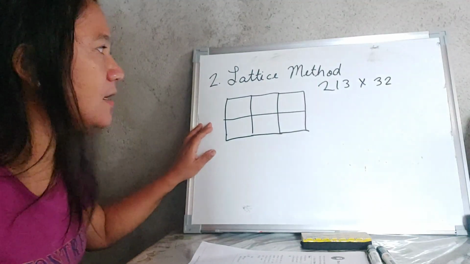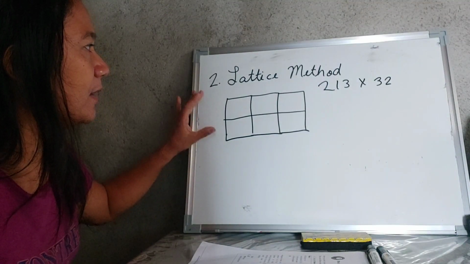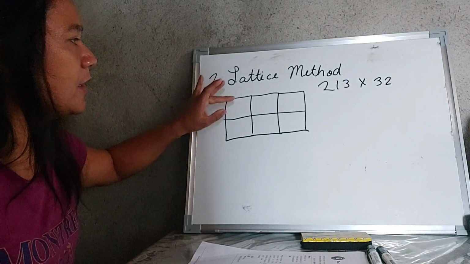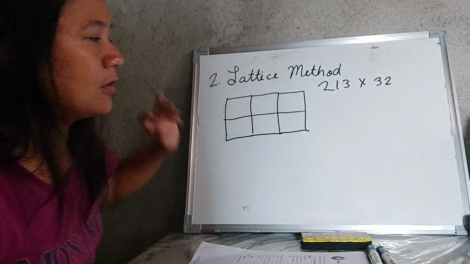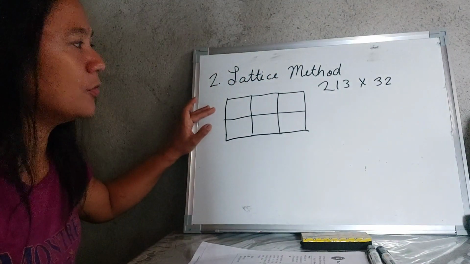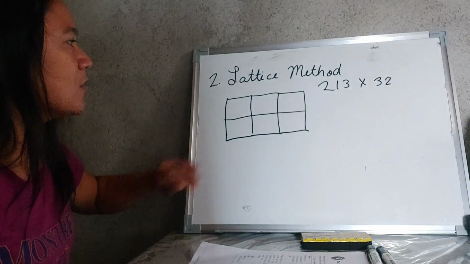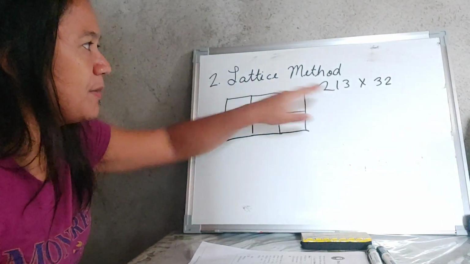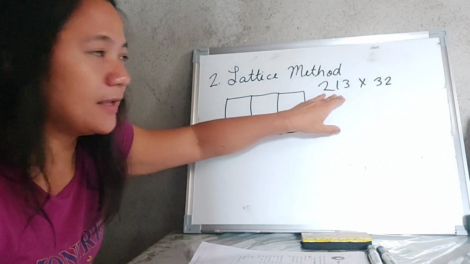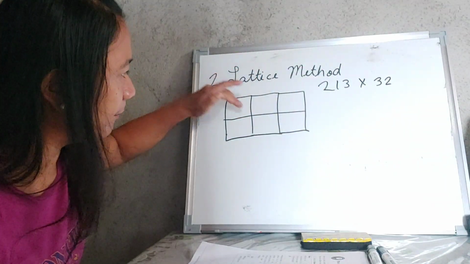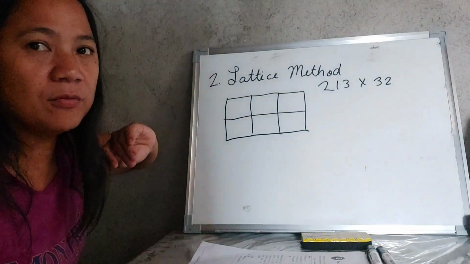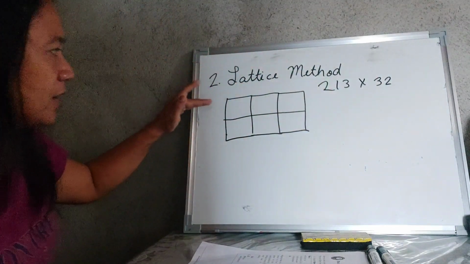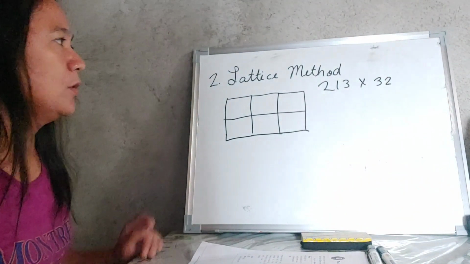As you can see, the lattice table that I drew has 3 columns, 1, 2, 3 columns, and it has 2 rows, 1 and 2. So, bakit tayo nagkaroon ng 3 columns? Because yung ating multiplicand is 3 sila, kaya ang bilang ng ating column is 3, and our multiplier is 2 sila, kaya meron tayong 2 rows.